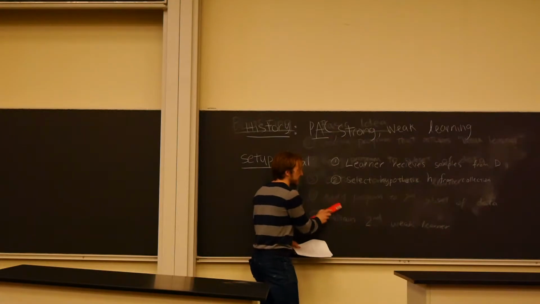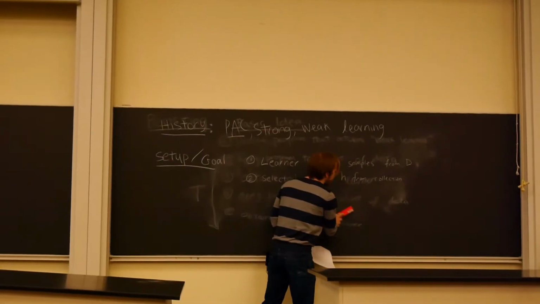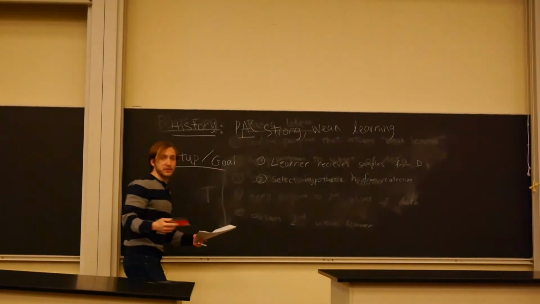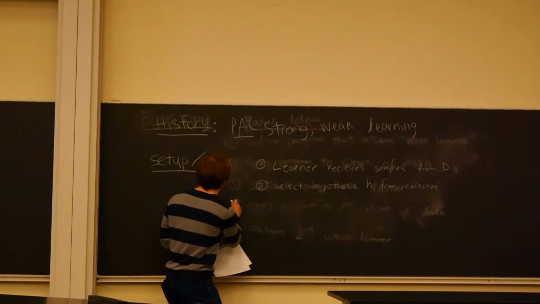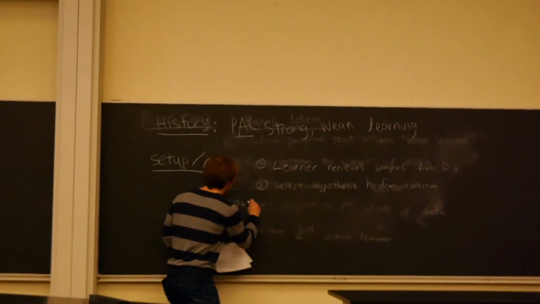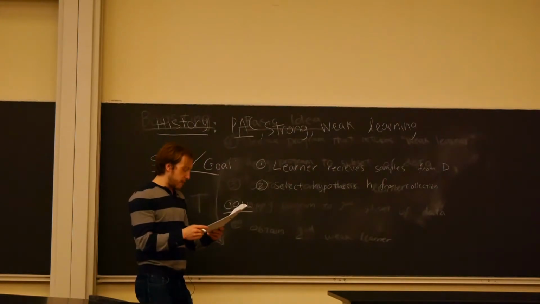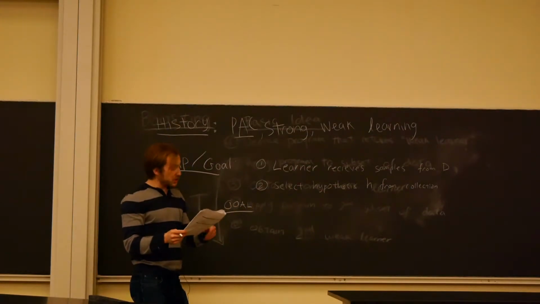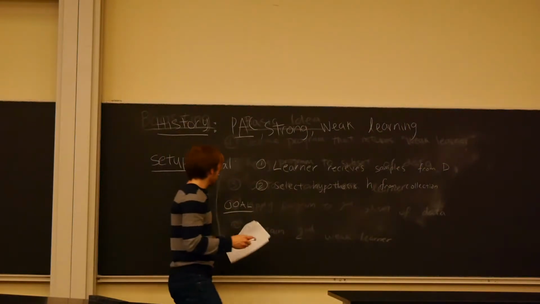You have data, and then you have your supervised machine learning algorithm, which returns some hypothesis for doing classification. So the goal of PAC learning is, with high probability, to select a hypothesis that has low generalization error.